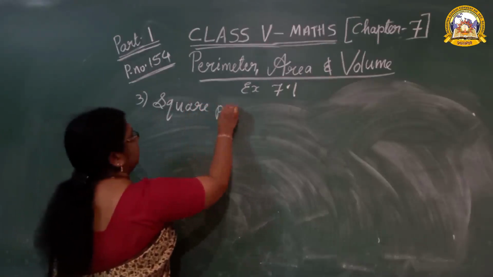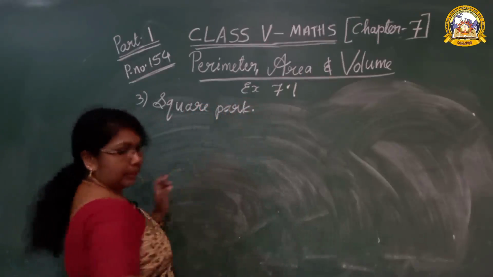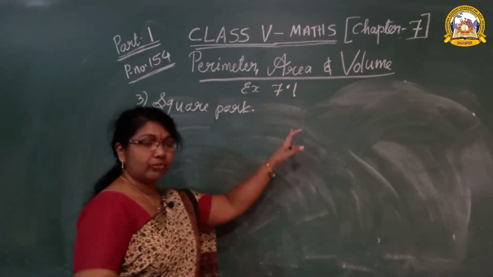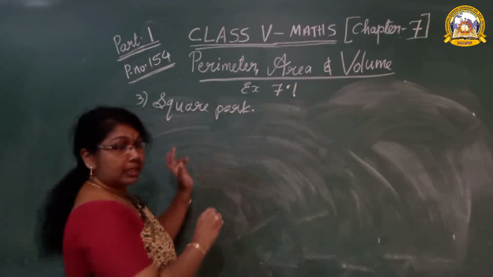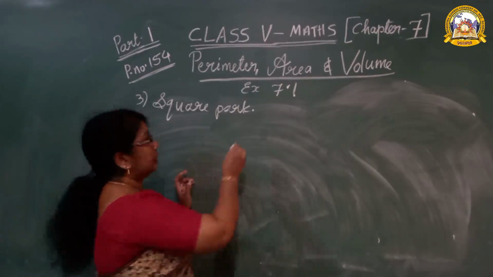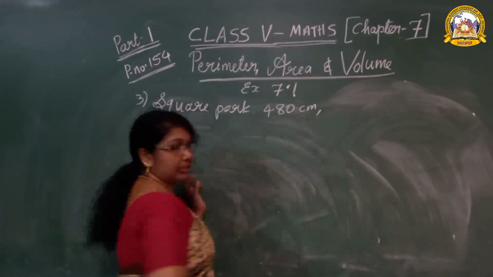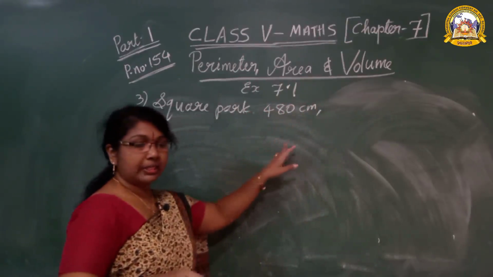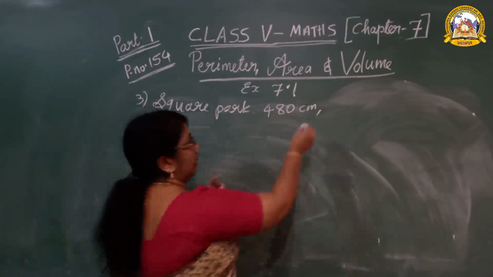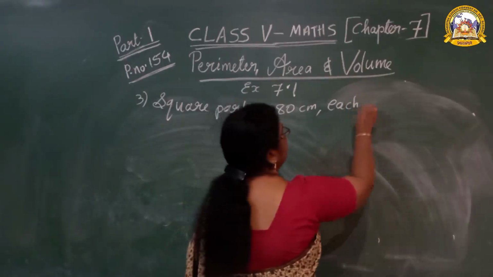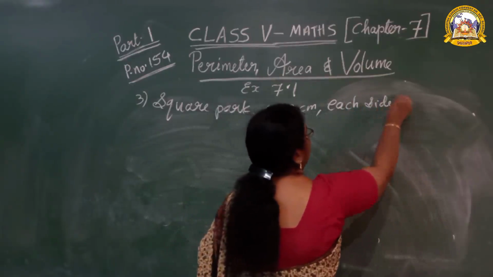Square park. If the measure of the square park is 480 centimeter, what is the measure of each side of the park?